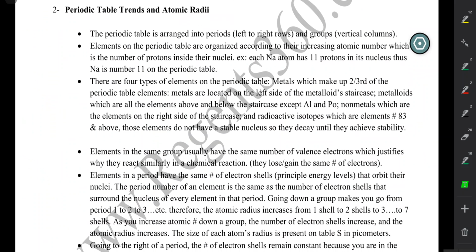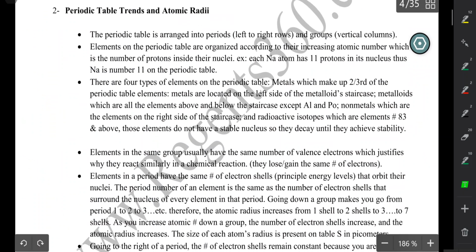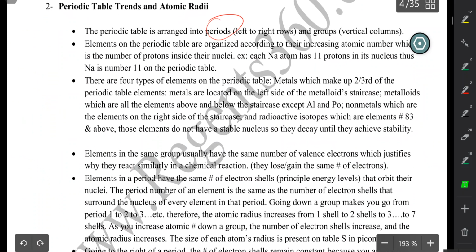So, periodic table trends and atomic radii. The periodic table is arranged into periods and groups.